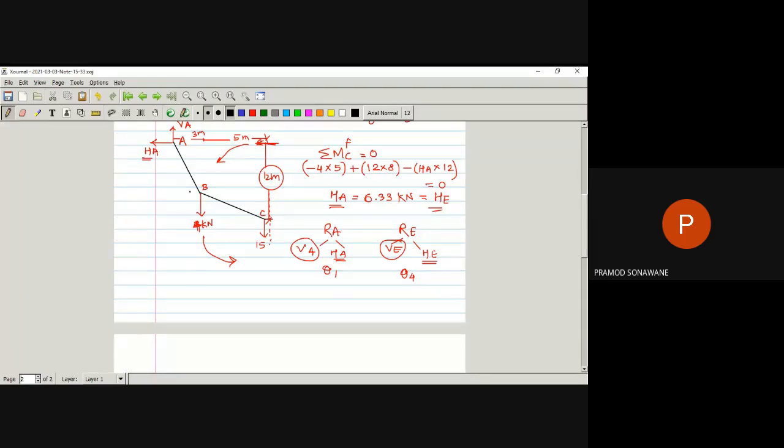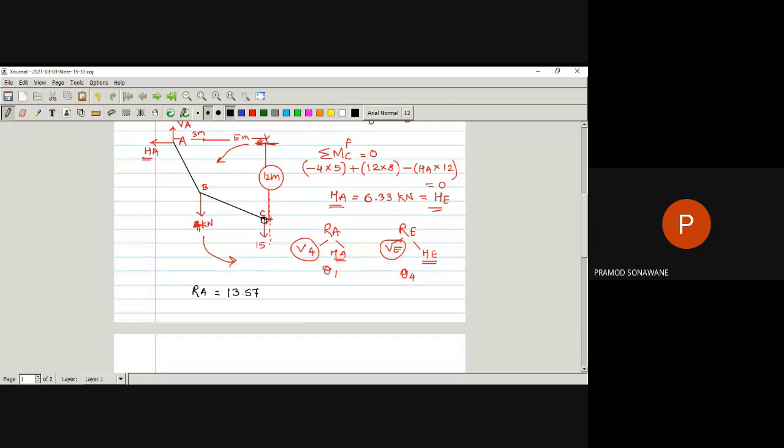Can you tell me the value of HA after taking moment about C? I will write down the equation once again. We have already written the equation here. Tell me what RA came out to be. 13.57 kilonewton.